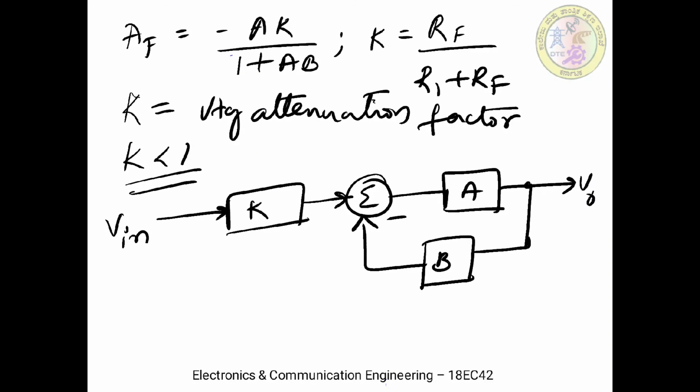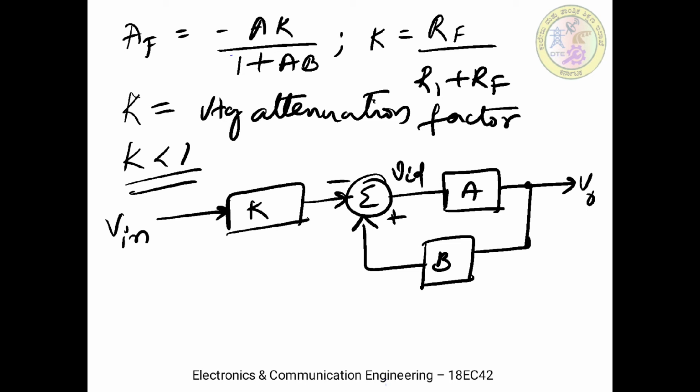This is actually the VID. So in addition to phase inversion, the closed loop gain AF in case of inverting amplifier is K times the closed loop gain of the non-inverting amplifier, where K is less than 1.